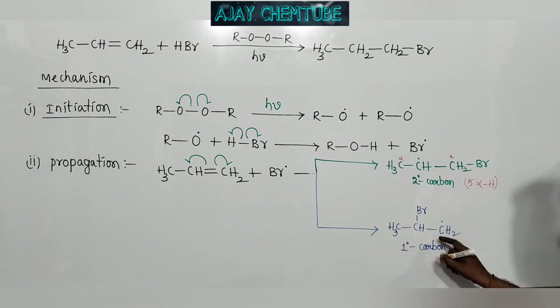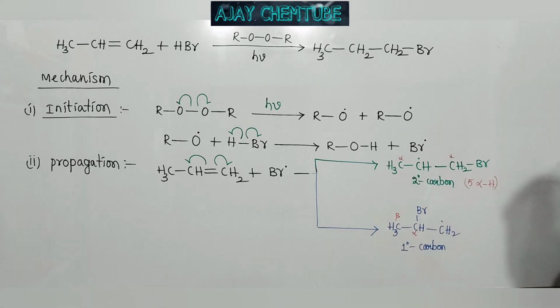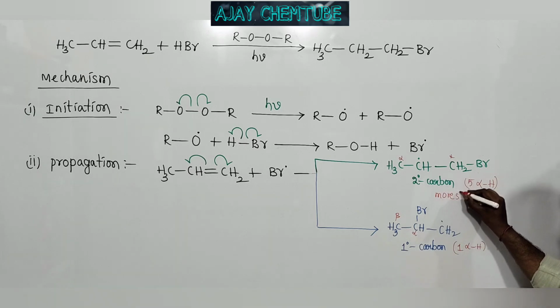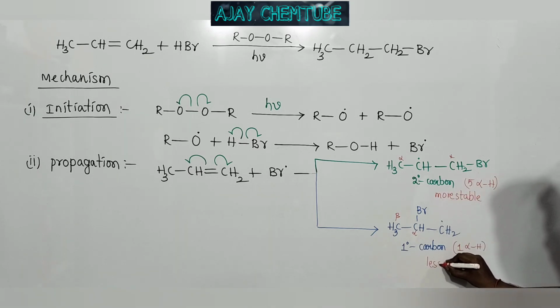Here, this is alpha carbon and this is beta carbon. Only alpha carbon hydrogens are involved in hyperconjugation, only one alpha hydrogen. That's why this is more stable, and this is less stable.